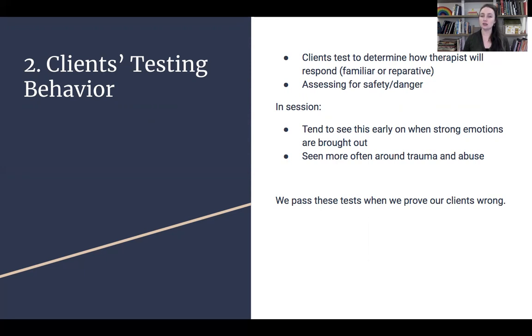In session, we tend to see this kind of testing early on when strong emotions are being brought out and when they don't know us well yet. We see this more often around trauma and abuse. And we pass these tests when we prove our clients wrong, when we prove that we won't be like those dangerous people in their past.